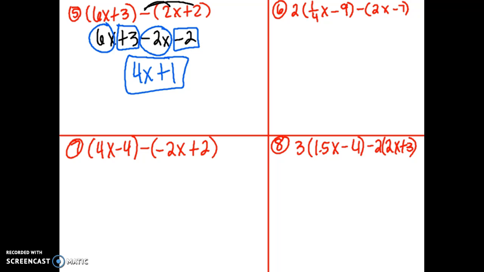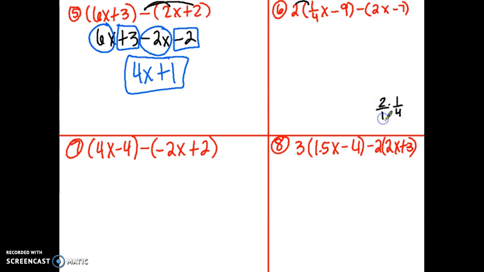All right, number 6. 2 times 1/4 x minus 9 minus 2x minus 7. So the first thing we're going to do is distribute the 2 to our first parentheses. 2 times 1/4.